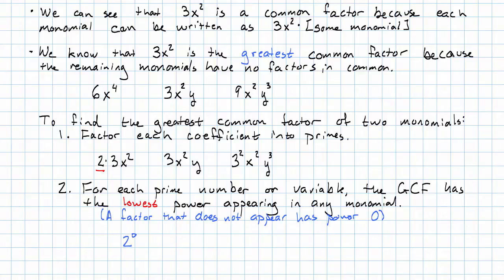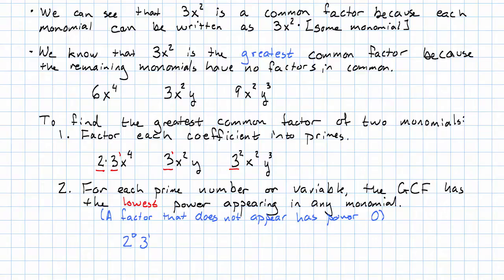Next, 3. 3 to the first appears in one monomial, 3 to the first appears in the next one, and 3 squared appears in the next one. The lowest power of 3 that appears is 3 to the first. So 3 to the first is going to appear in my greatest common factor.